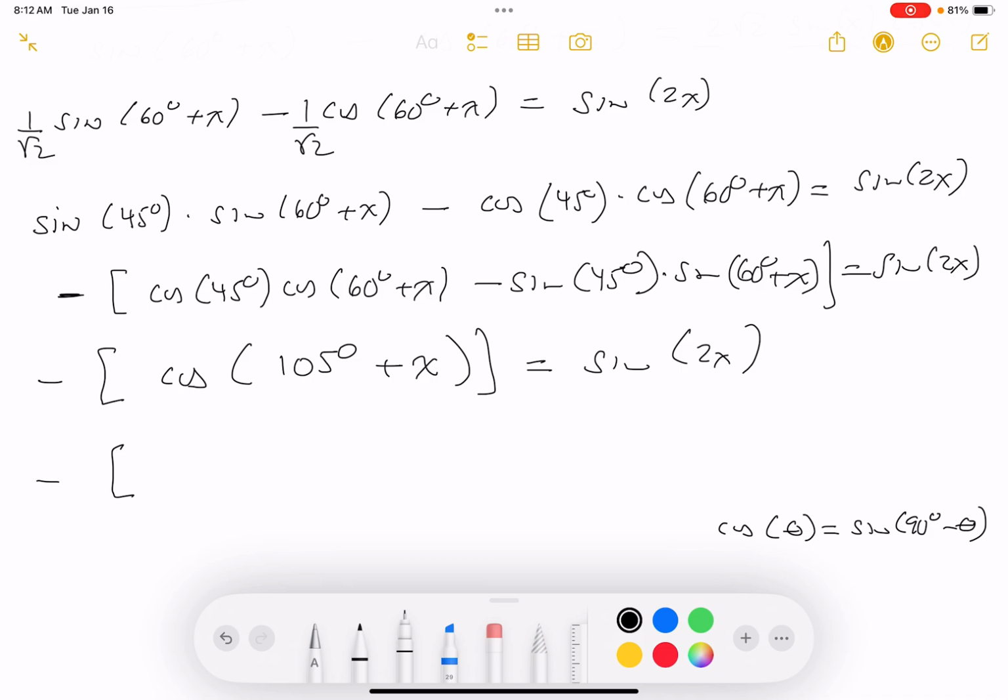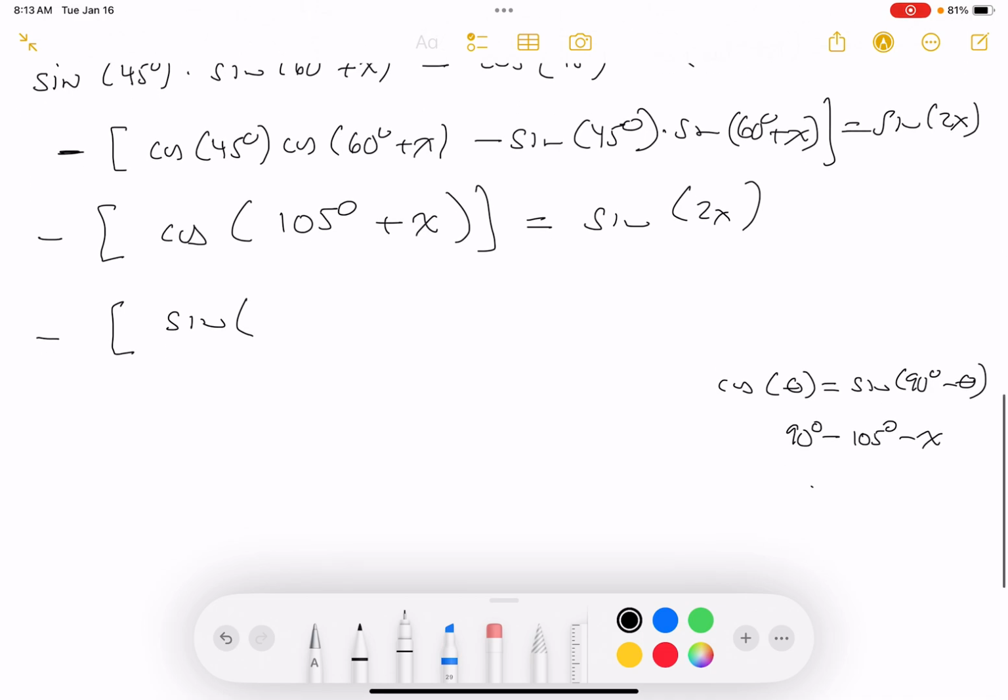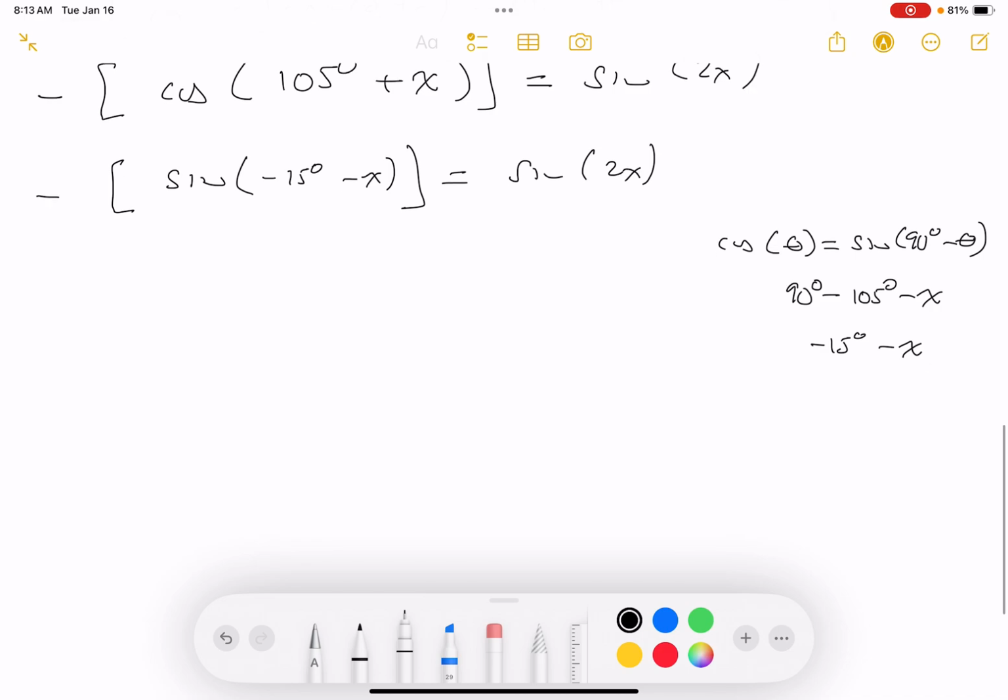So the cosine is going to be sine. And what do you get there? It's going to be 90 degrees, let's see, minus 105 degrees minus x. Well, that's going to be minus 15 degrees minus x. And write that down. Minus 15 degrees minus x equals sine of 2x.